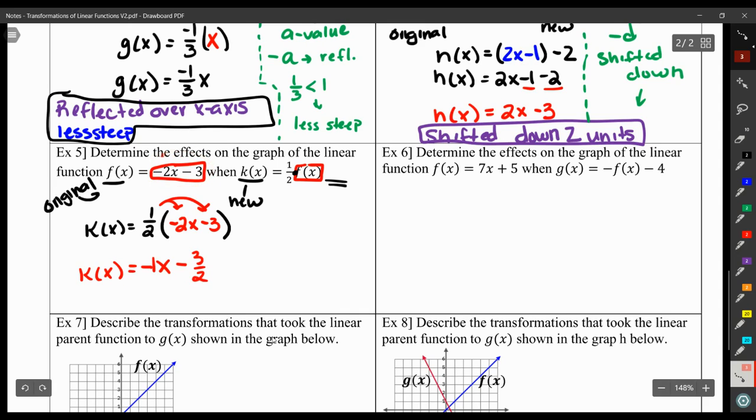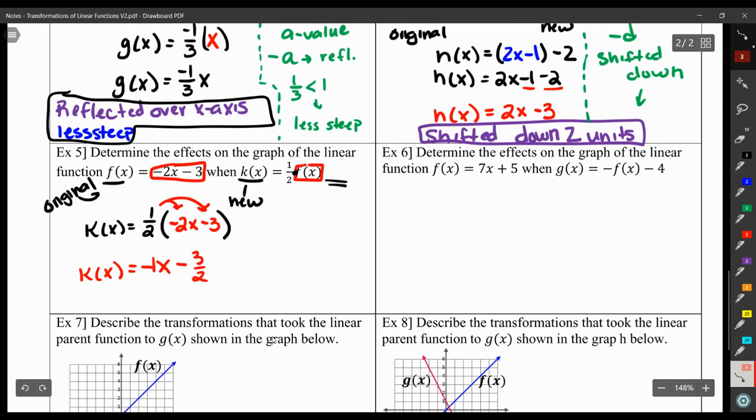First I see that the original slope was negative, and so is the new function k of x. Since there was no change in sign, there wasn't a reflection. If this had been negative and this had been positive, it would have been reflected over the x-axis. But since they're the same sign, there is no reflection.